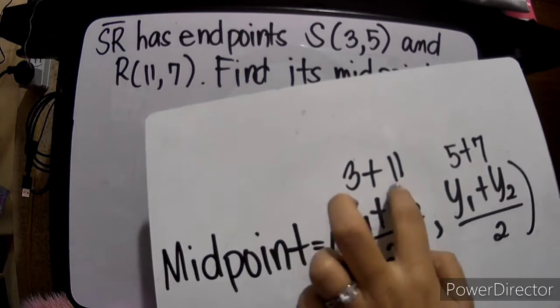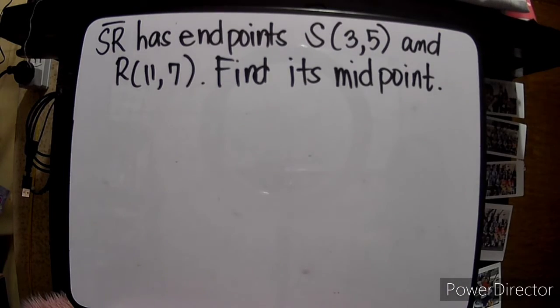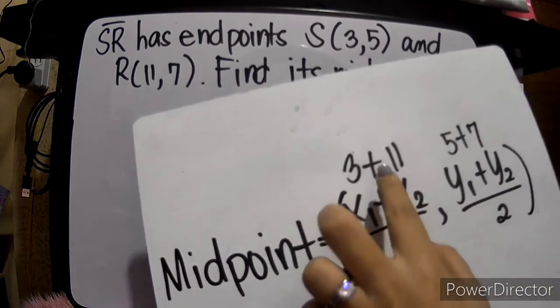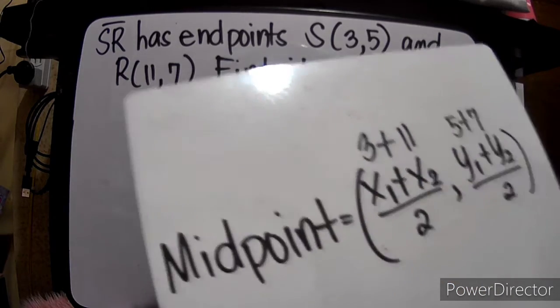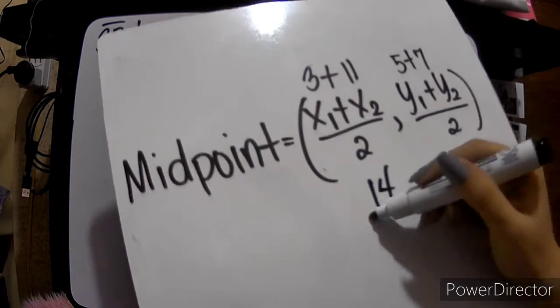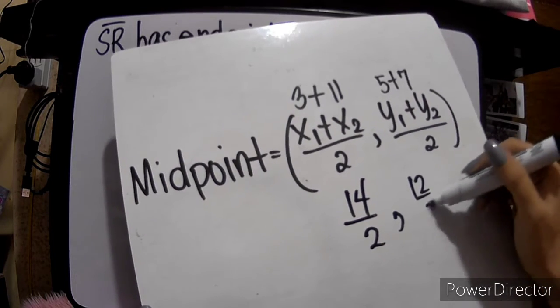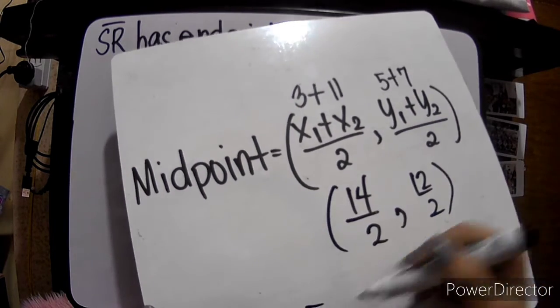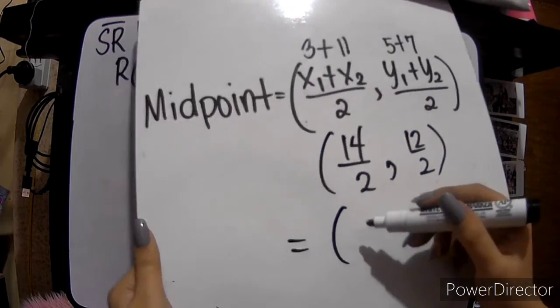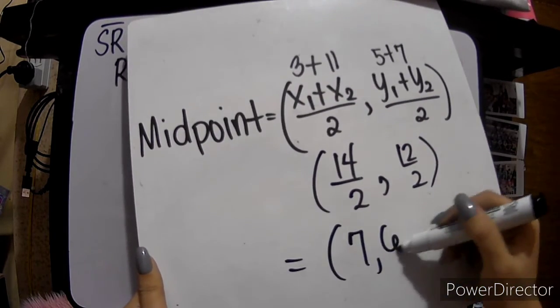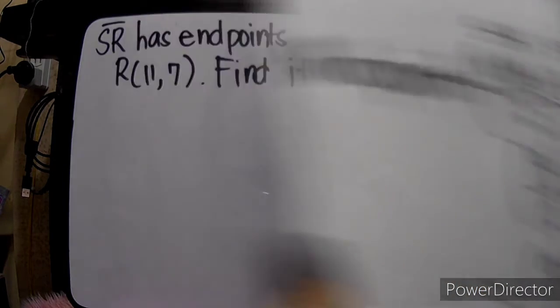So pupunuhan niya yung sagot, i-divide natin sa 2. So 3 plus 11 is 14 and then over 2. 5 plus 7 is 12 over 2. So yung final answer is (7, 6). So this is the midpoint.